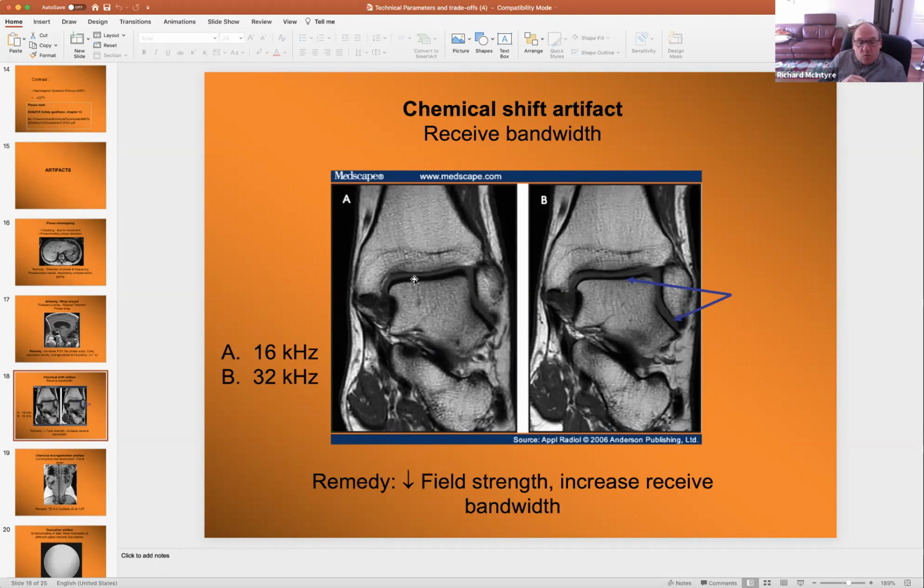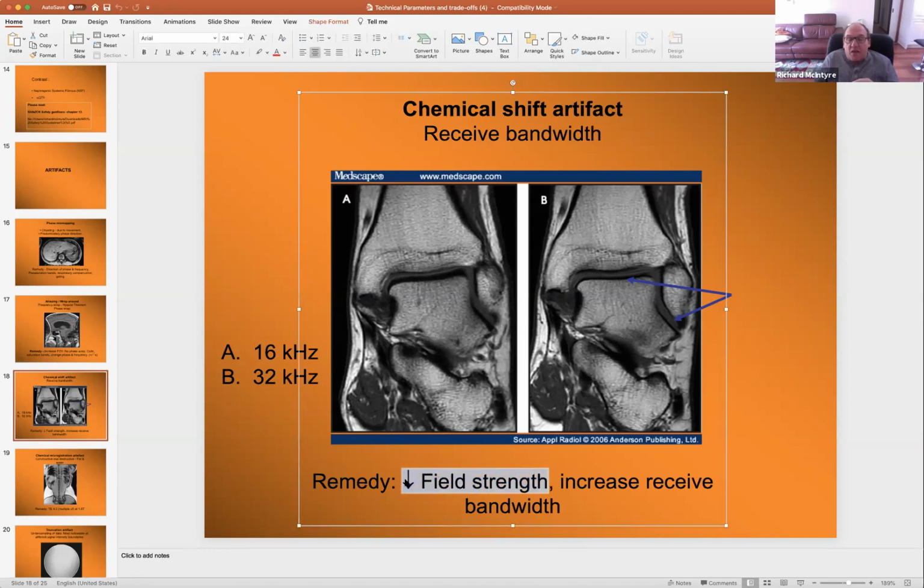If we decrease the field strength, then instead of precessing at 440 hertz difference, they precess at 220 hertz difference. So if they're precessing at a closer frequency, we're going to decrease the chemical shift artifact. We're going to decrease that line there, which is an artifact. It's not real.